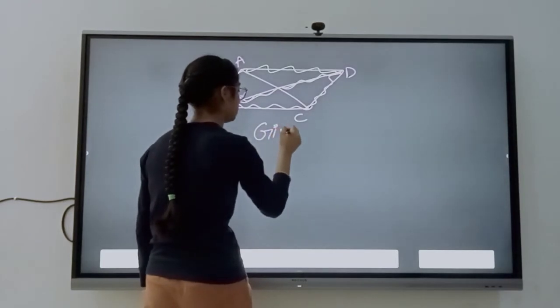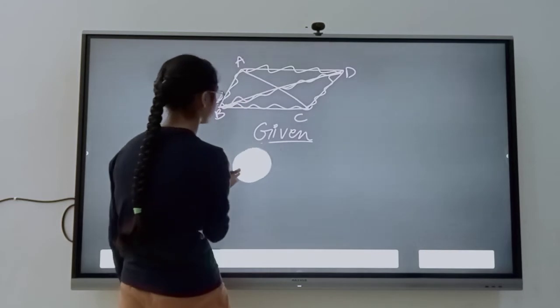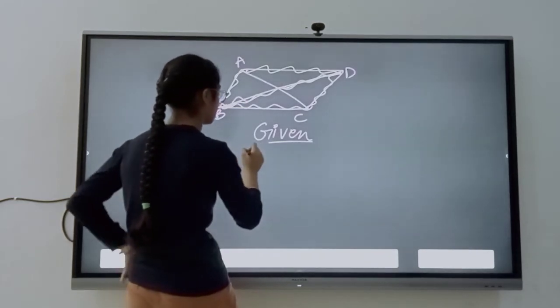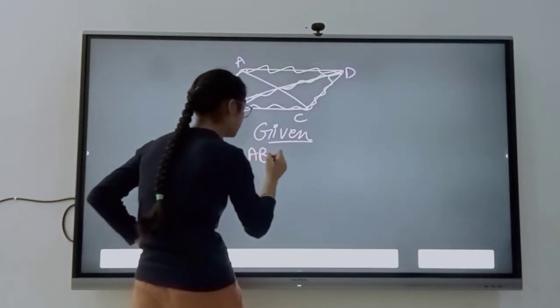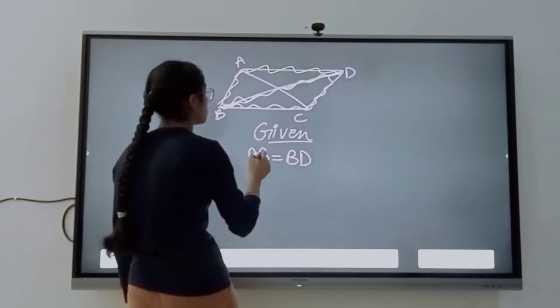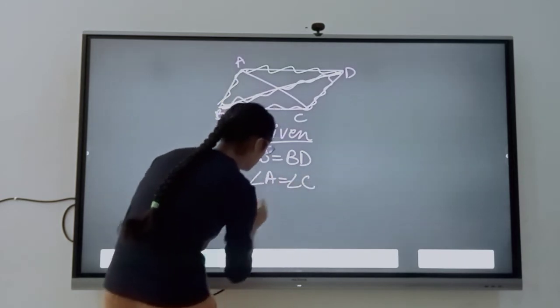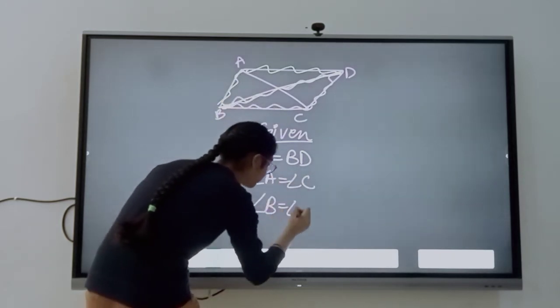It is given in the figure that AB is equal to CD, and opposite angles, angle A is equal to angle C and angle B is equal to angle D.